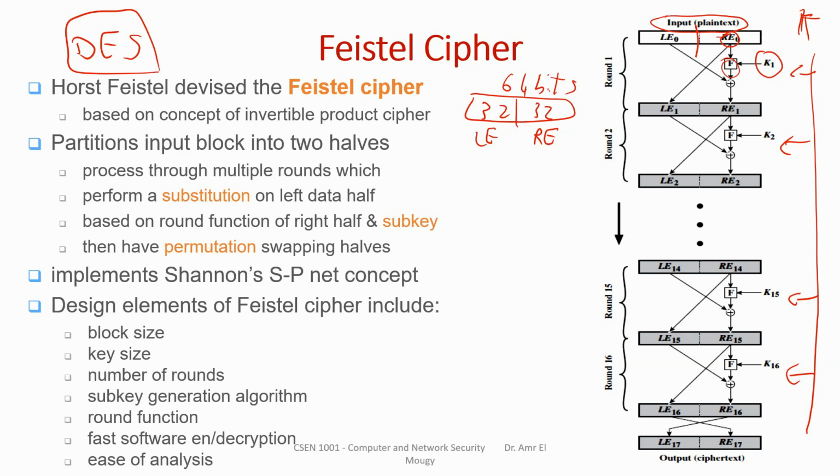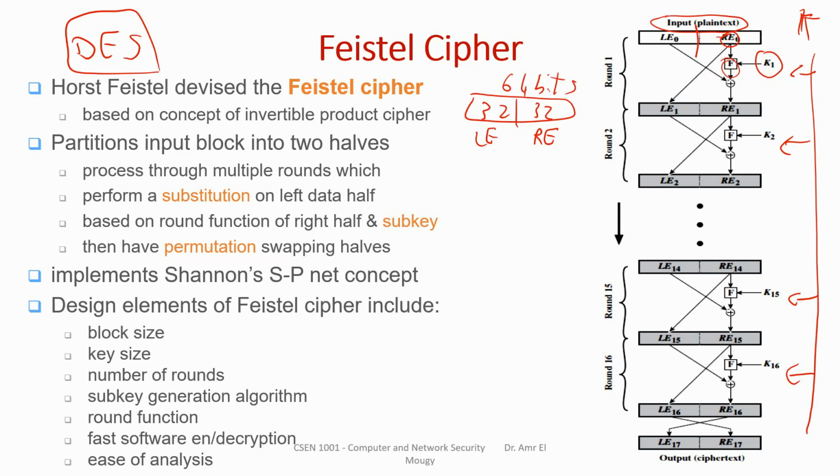So using one key, which is K, you are able to generate K1, K2, K3, K4, and as many round keys as you want, equal to the number of rounds or the number of iterations where you will repeat this algorithm.